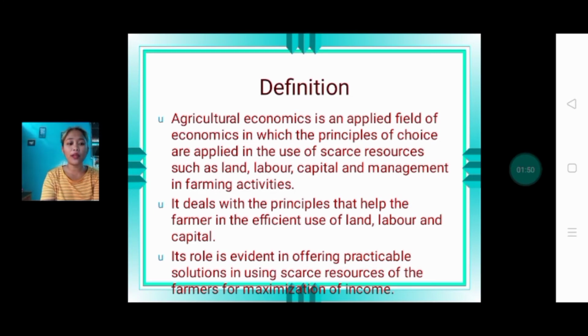So second one is it deals with the principles that help the farmer in the efficient use of land, labor, and capital. Last one, its role is evident in offering practicable solutions in using scarce resources of the farmers for maximization of income.